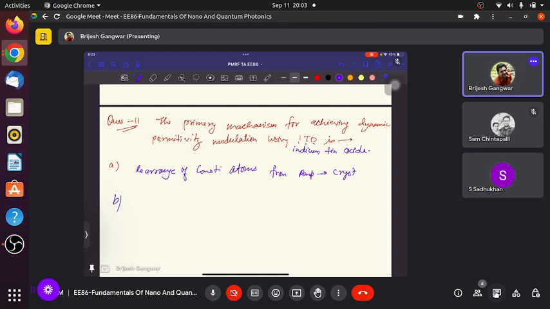So the primary mechanism is injection of carriers at the interface due to the applied voltage bias. This is the primary mechanism for achieving dynamic permittivity modulation. Okay, okay.